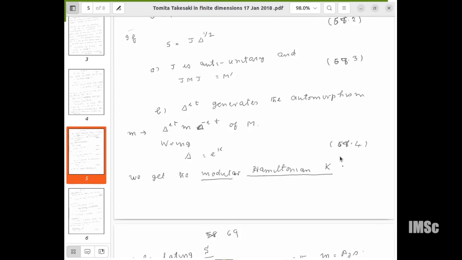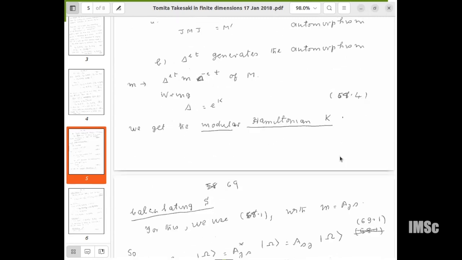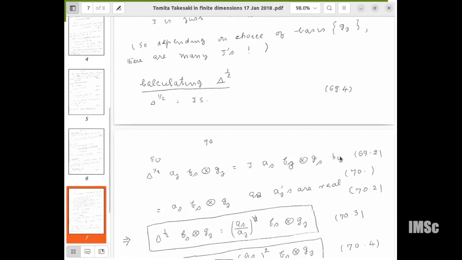So delta to the power of half is J times S, which is what I wrote here. So I know J and I know S. I calculate delta to the power of half. Okay. So delta to the power of half acting on this, with J acting on S. So we have already said what S is.